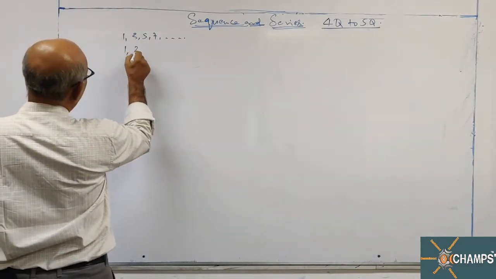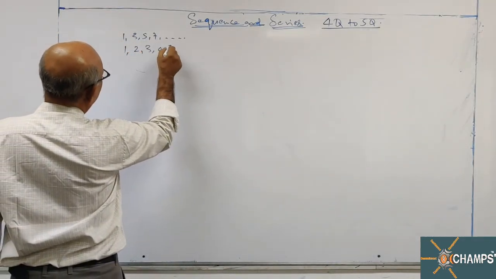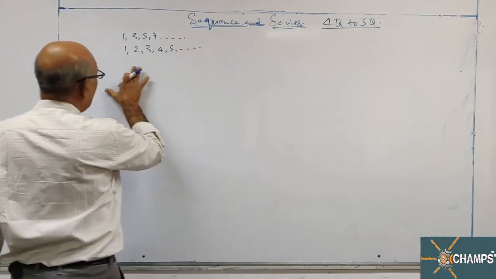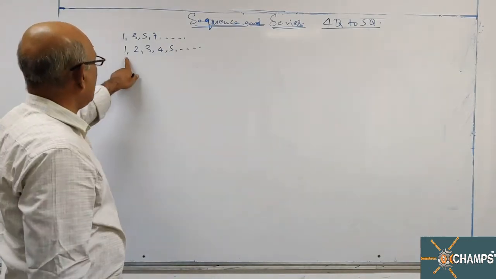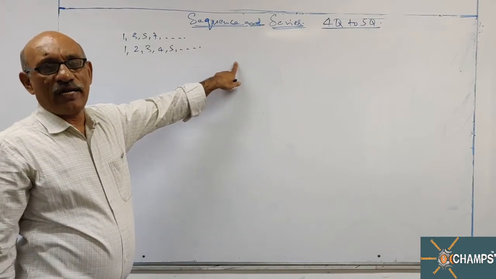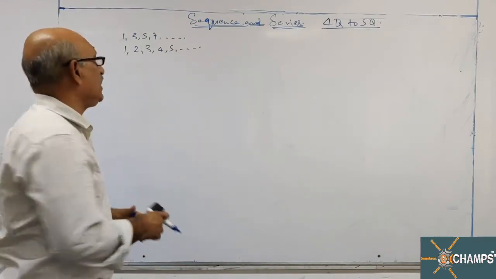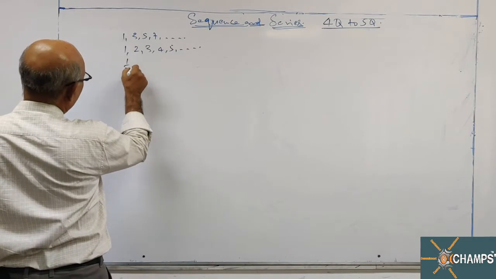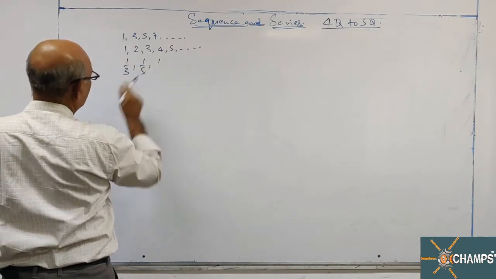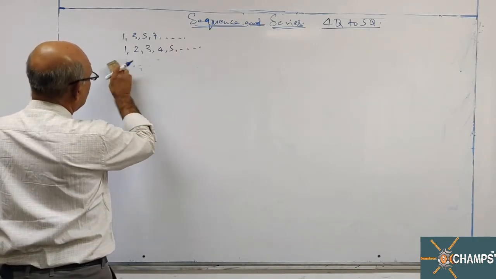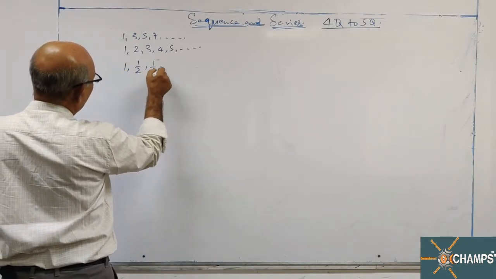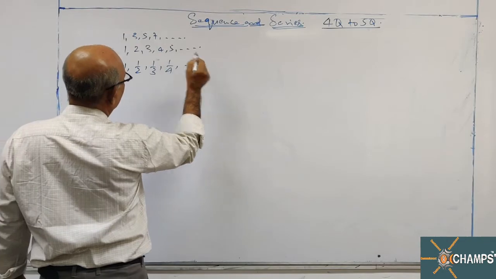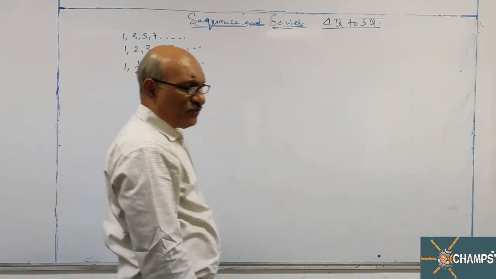You can see 1, 2, 3, 4, 5 etc. It is a collection of numbers. Again, these are written in an increasing order. 1 by 2, 1 by 3, 1 by 4 etc. This is also a sequence.